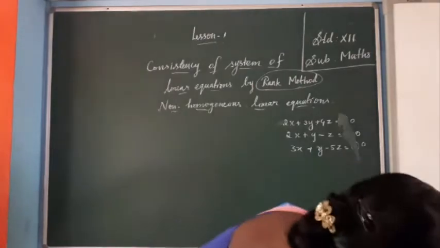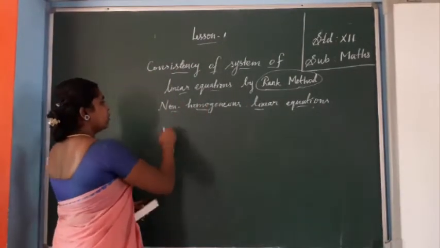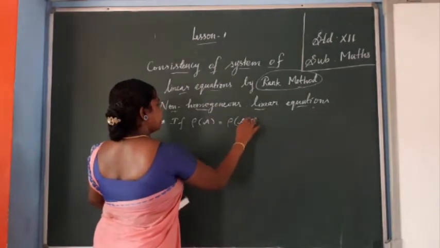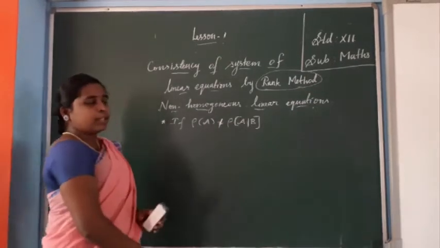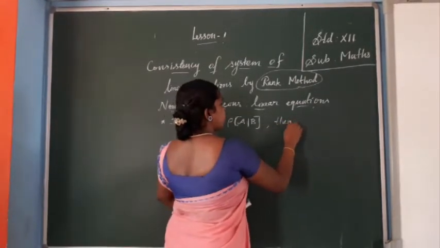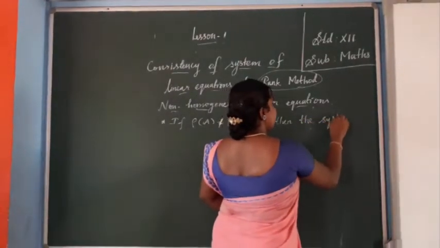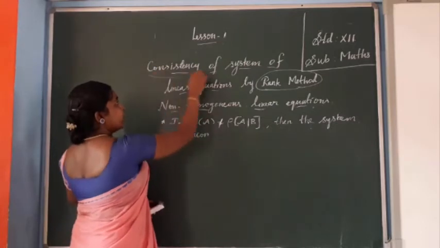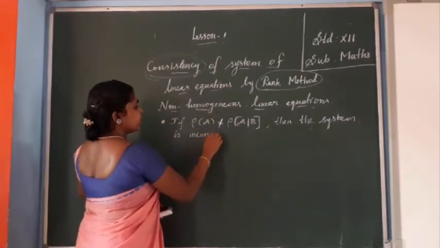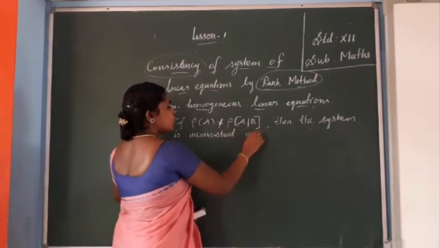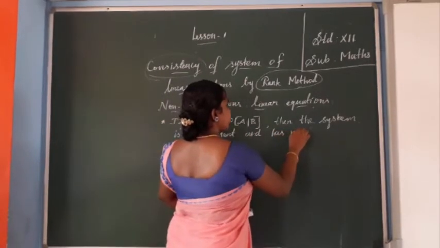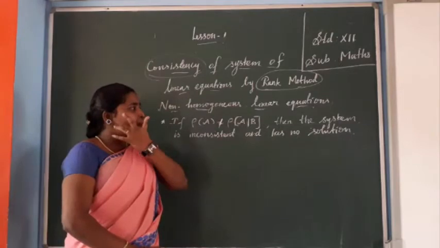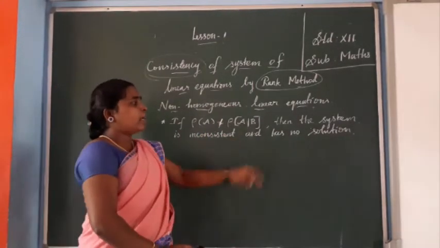Okay, so first point: if rank of A not equal to rank of AB, then the system is inconsistent and has no solution.